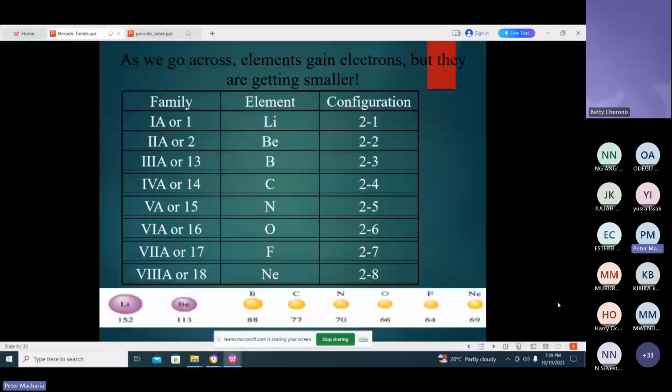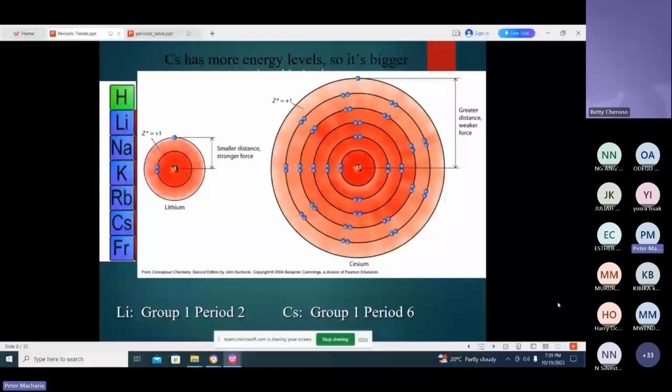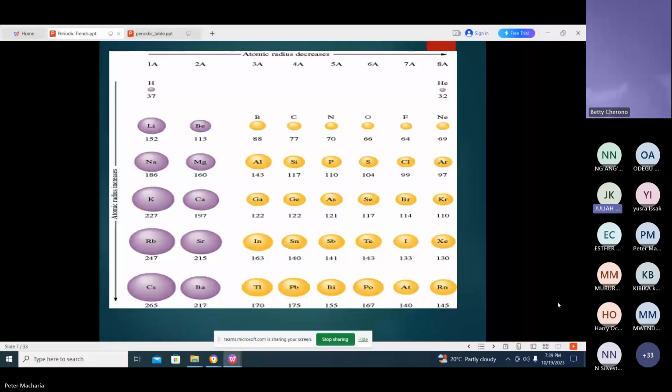So basically, we can conclude that when it comes to the atomic radius, generally, a trend is a general observation. Generally, as we go down the group, the atomic radius increases.